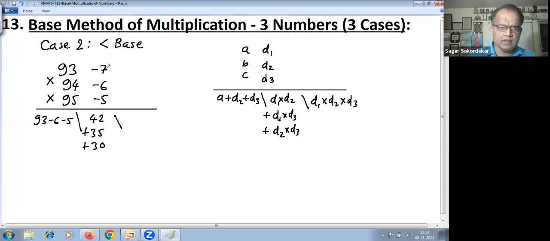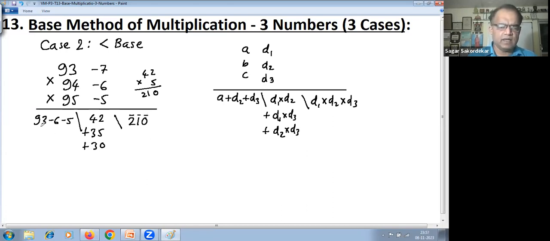Then 7 into 6 is 42. 42 into 5. This is 10, 0, carry 1, 20 plus 1, 21. 2, 1, 0. Now, very important part, it is negative. Minus into minus plus, plus into minus is minus. So I'll just put dash on all the three digits.